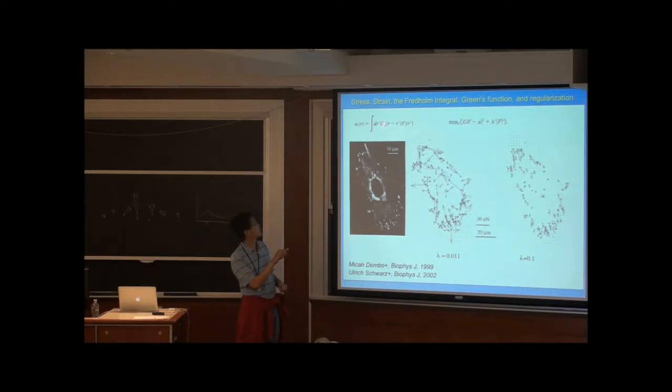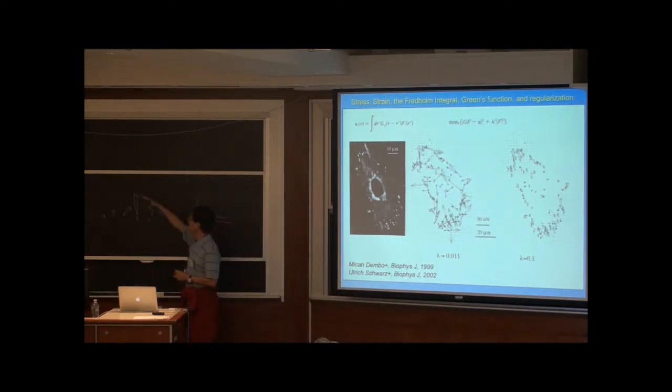GF is the exact solution. Okay, and this U is the strains that I want to get. Okay, so this squared is just the noise term. It's how far off is my solution.